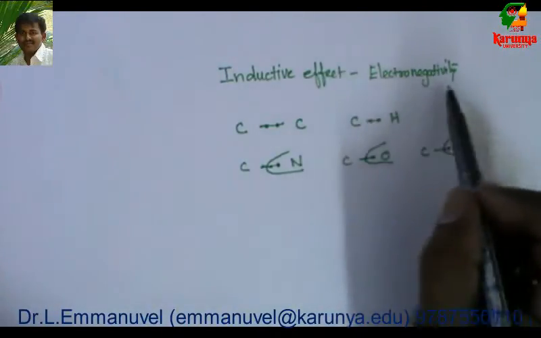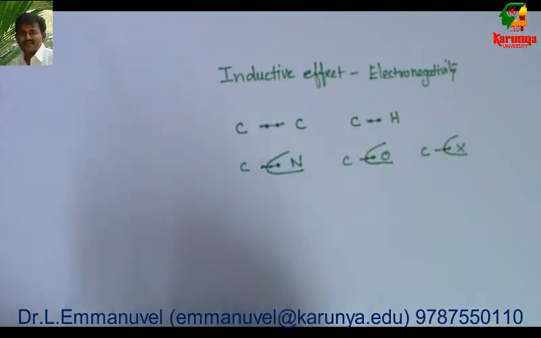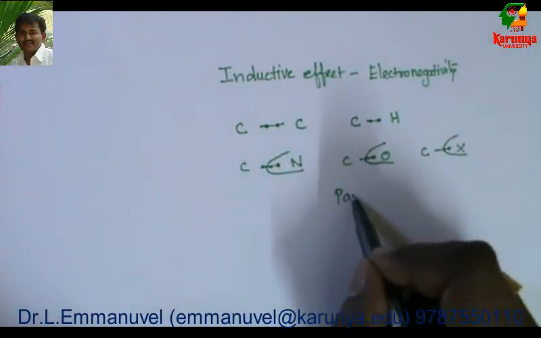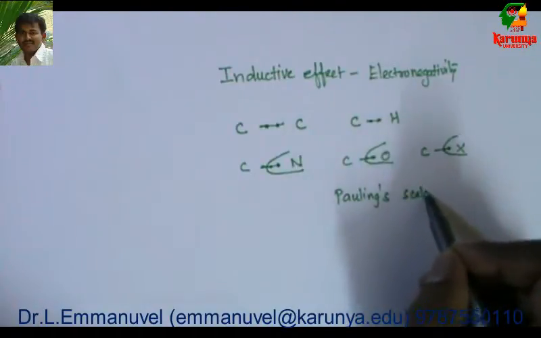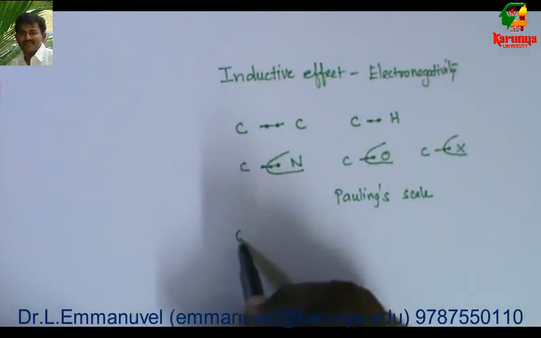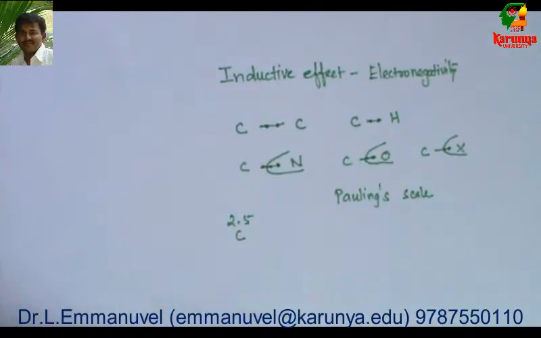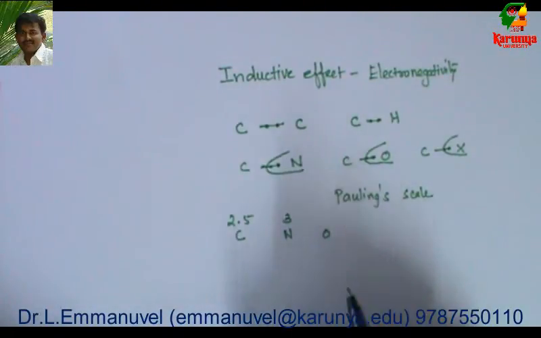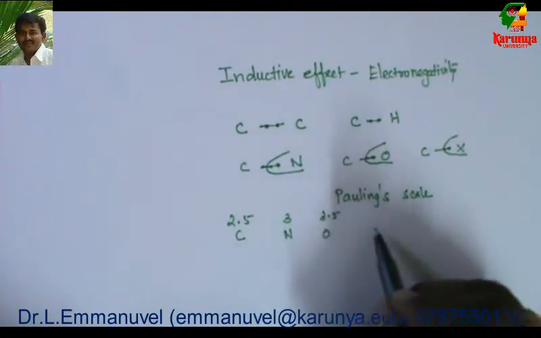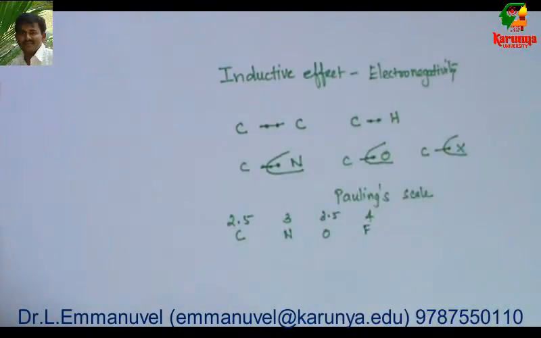Generally, electronegativity is measured on Pauling's scale. For carbon, it is around 2.5. Nitrogen around 3, oxygen 3.5 and fluorine 4.